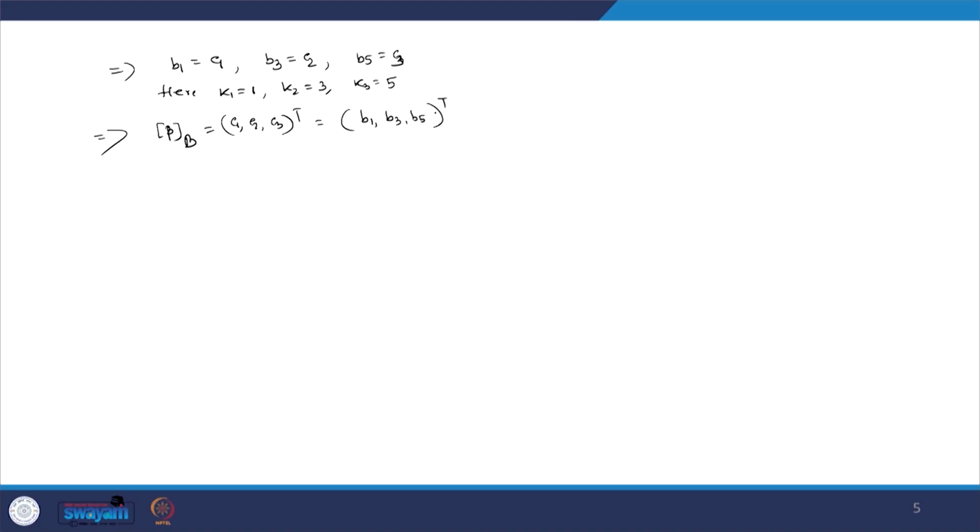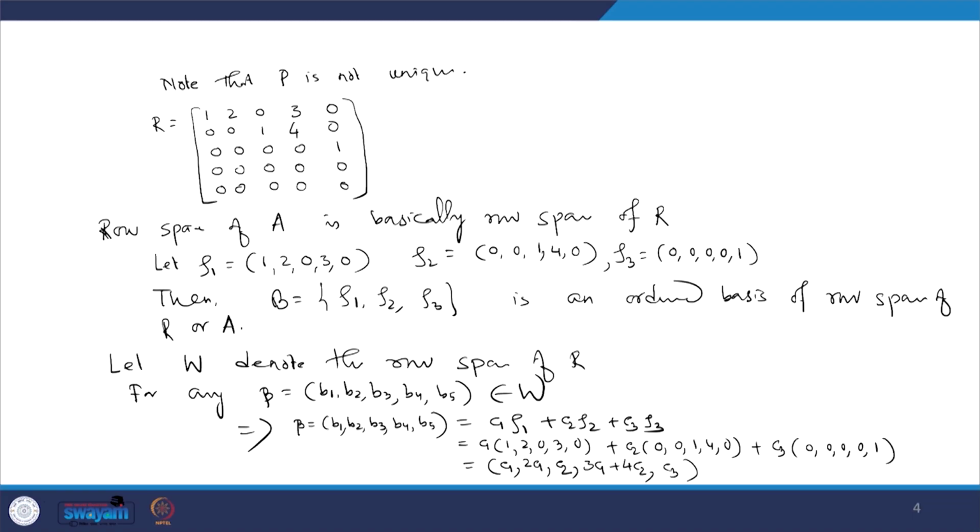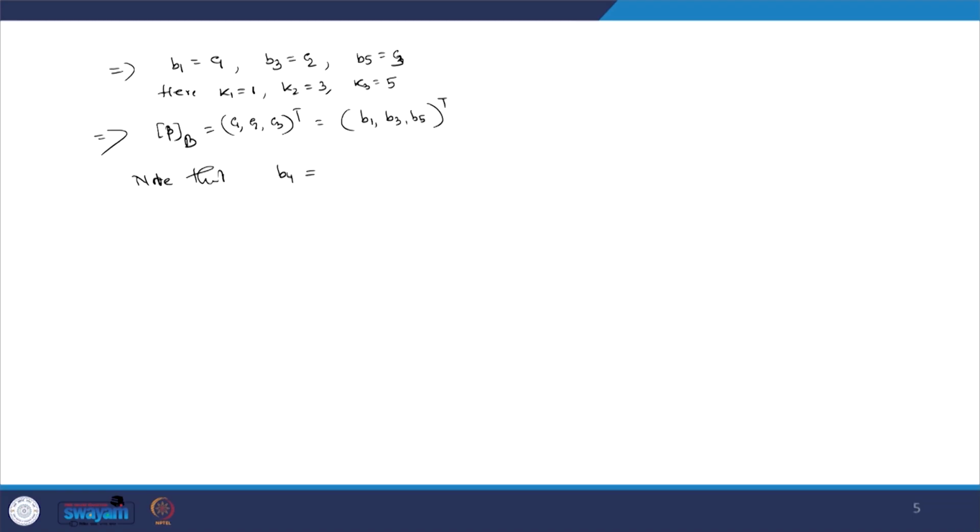So, this is the coordinate matrix of any element beta belonging to W. And what will be the general element in W? Note that B4 equals 3 C1 plus 4 C2. This means 3 into C1, which is B1, plus 4 into C2, which is B3, so 4 B3.